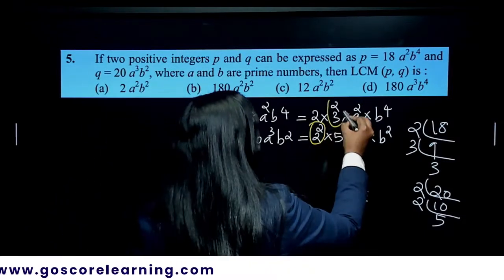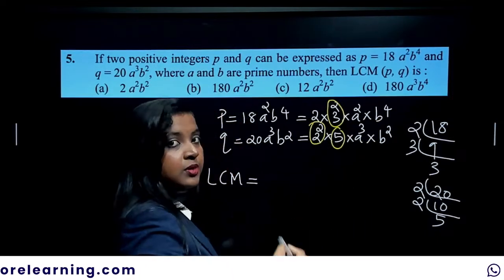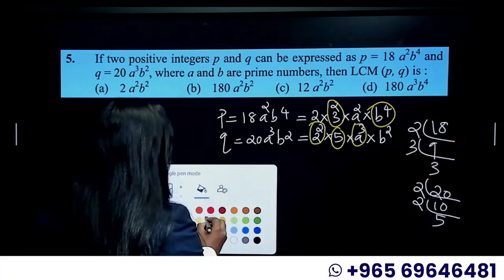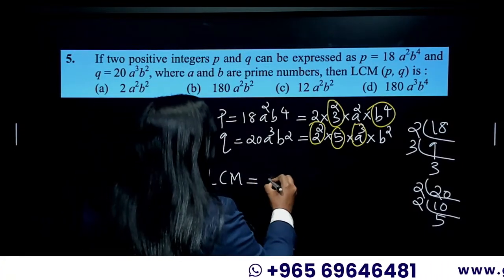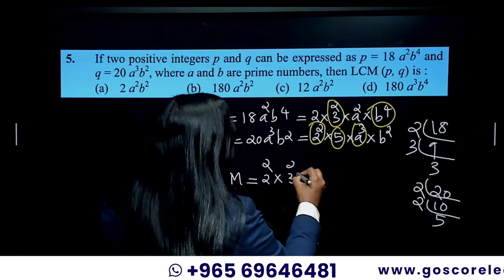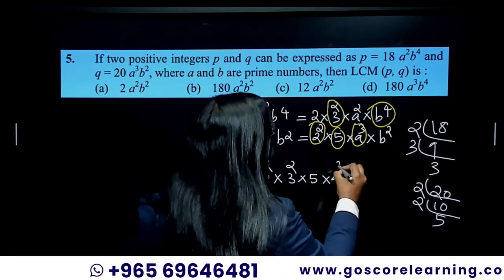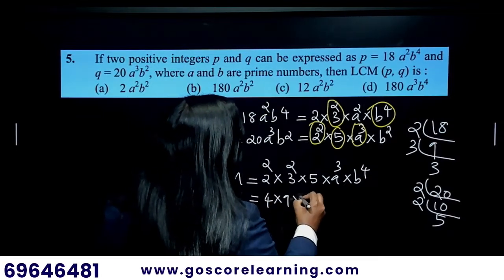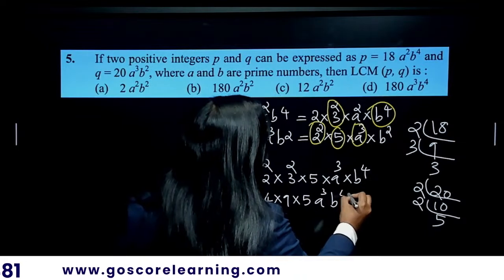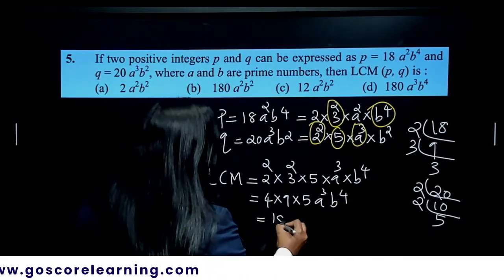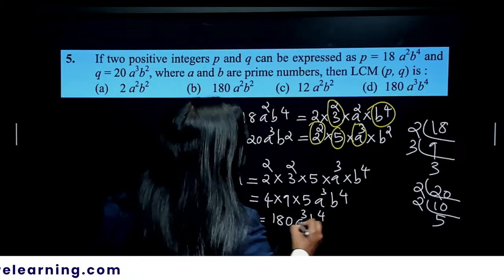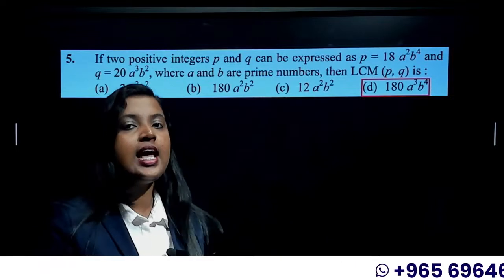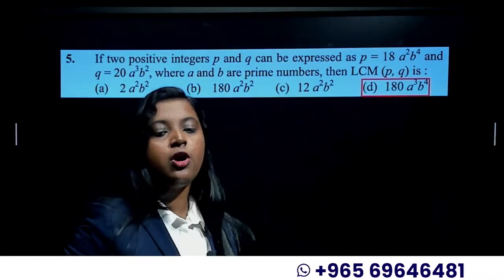Then 3 square, 5, a square or a cube, the bigger one, a cube, and b square or b raised to 4, b raised to 4. So the answer is 2 square into 3 square into 5 into a cube into b raised to the power of 4, which is 4 nines are 36, 36 fives are 180, so 180 a cube b raised to the power of 4. Which option is that? Option D, 180 a cube b raised to 4, is the correct answer. How many of you got it correct? I hope you all got it correct.